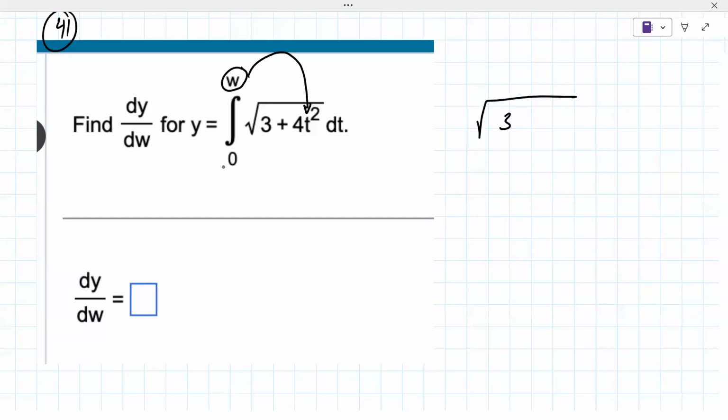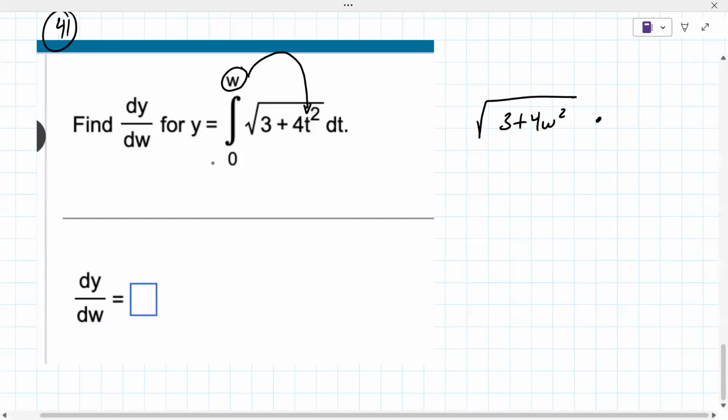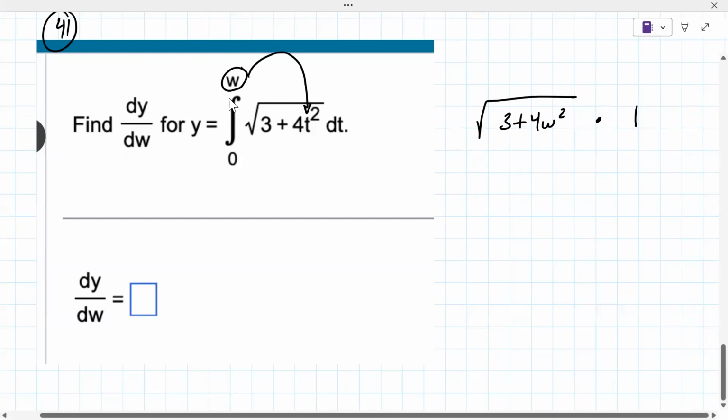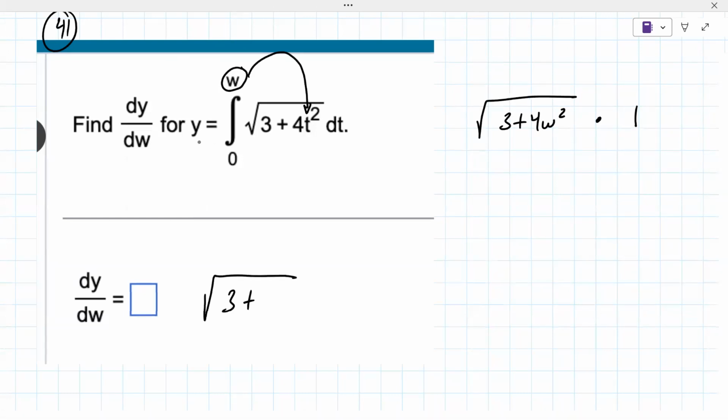So it becomes the square root of 3 plus 4w squared. And then this last part is almost always forgotten, but you multiply by the derivative of w, which happens to be 1, so it doesn't contribute. But if it were more complicated, it would. So your answer here is the square root of 3 plus 4w squared.